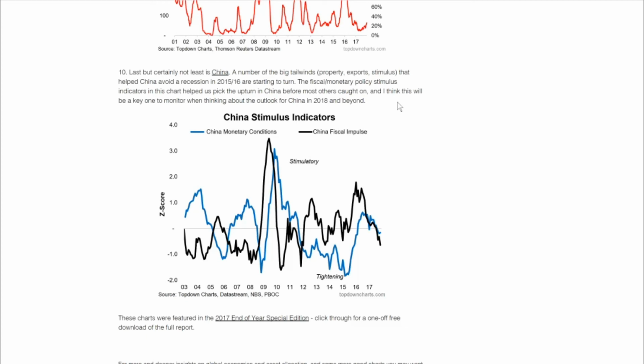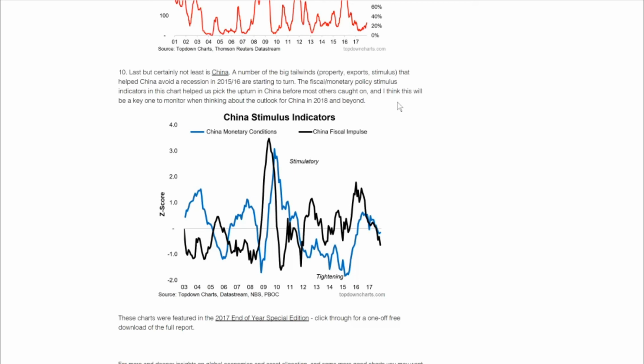What that one is showing you is the overall settings and the change of settings of monetary policy. And the black line there is the fiscal impulse, that's the rate of change of the budget deficit as a percentage of GDP, and both of these indicators are standardized to look at them on common terms.